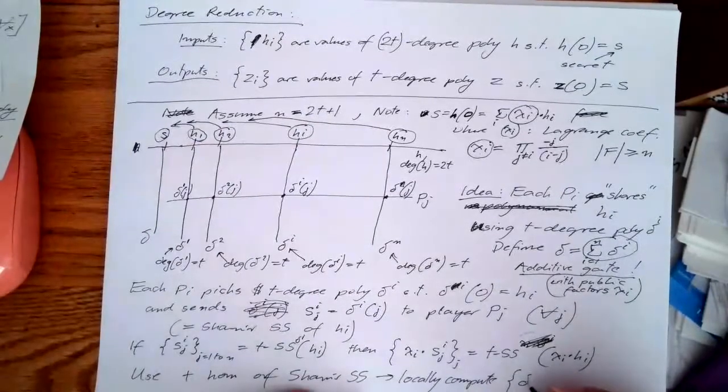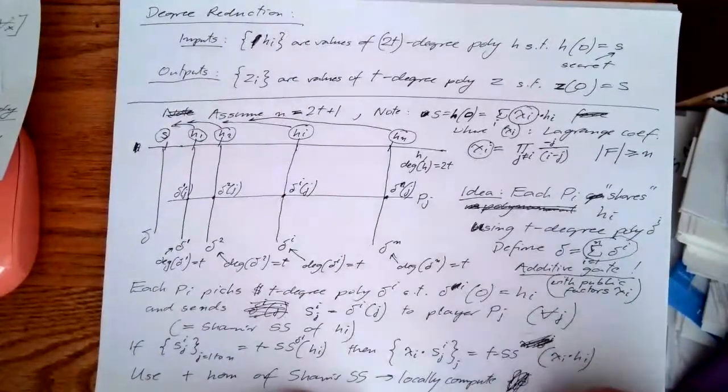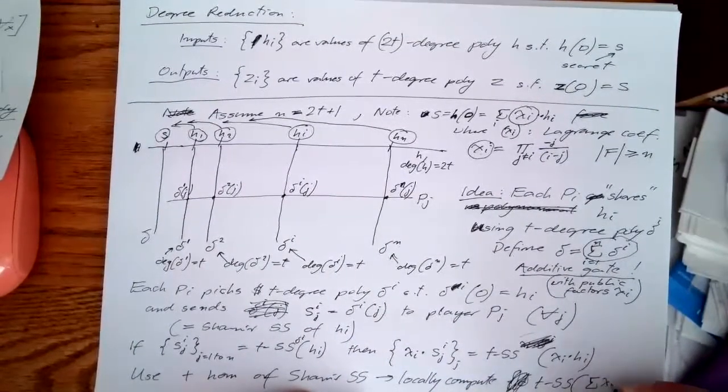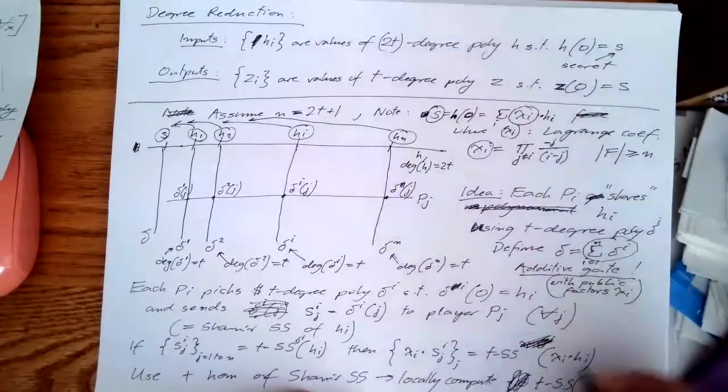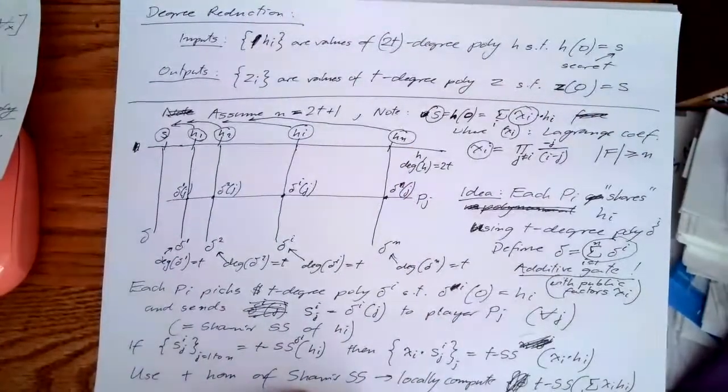Basically, locally compute a degree t secret sharing of the sum of lambda I HI, which is equal to the secret S.